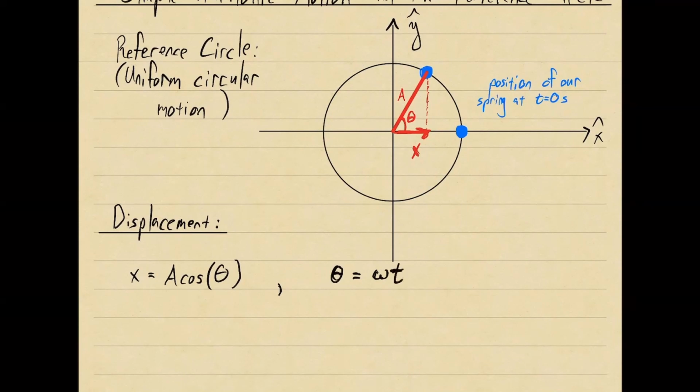When t is 0, theta is 0, and that means we are a displacement of A away from our equilibrium point. Hopefully that makes a little bit of sense.